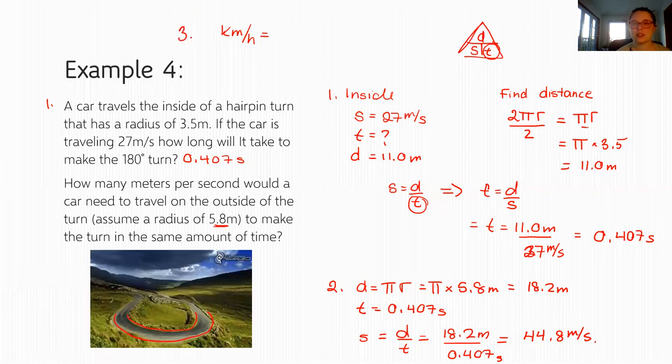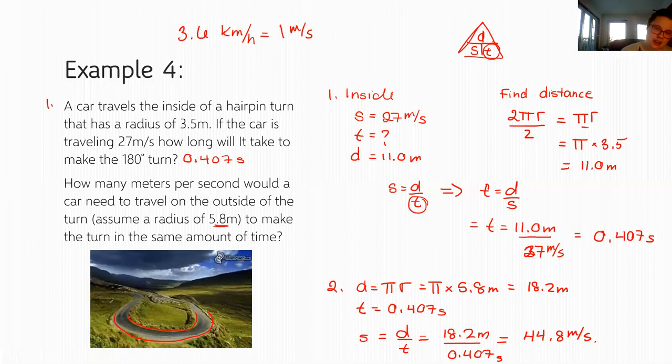So 3.6 kilometers per hour are in 1 meter per second. So if I take 44.8 meters per second and I multiply it by 3.6, you would get 160 kilometers an hour is what you have to do the turn at in order to match the guy on the inside.